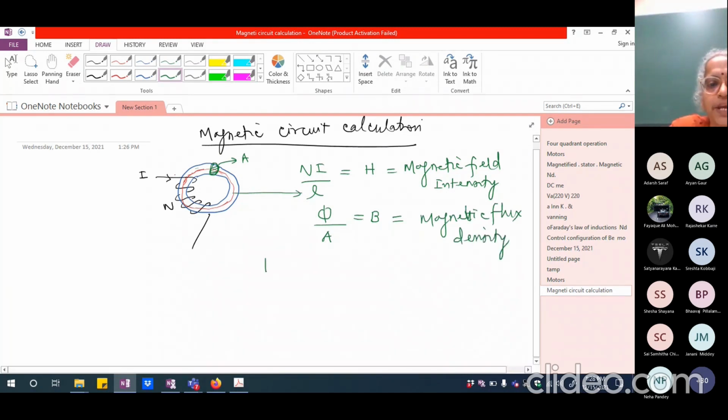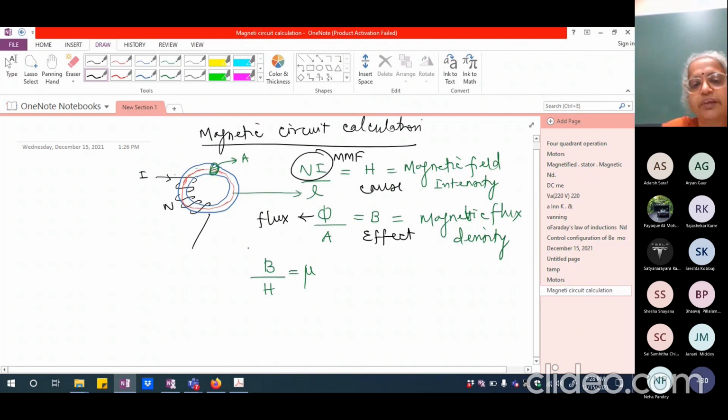So I should be able to say B divided by H I call as mu. But please remember, this is the effect and I'm calling this the cause, because Ni is the MMF and this is the cause, and flux is the magnetic effect that is being produced by the current.